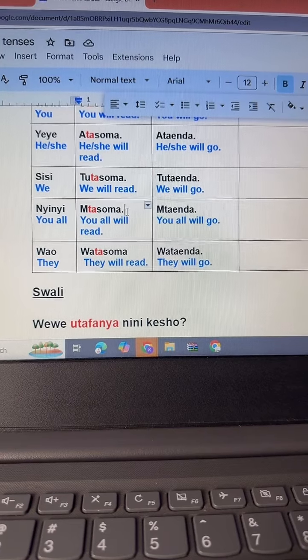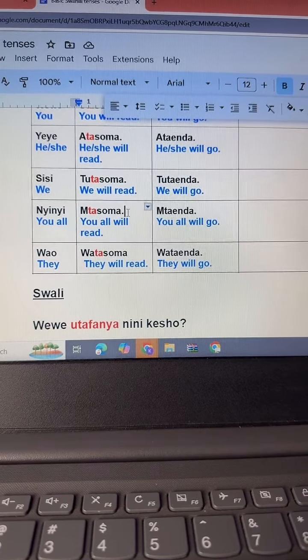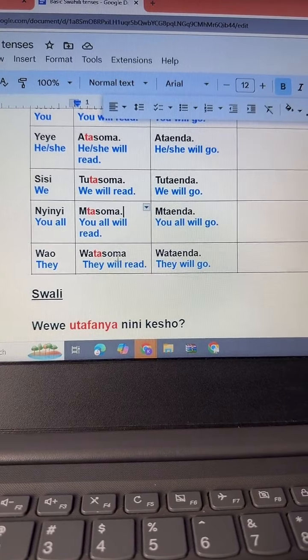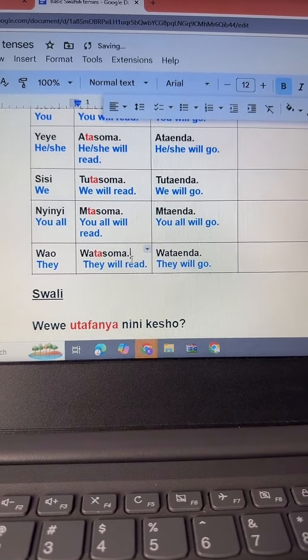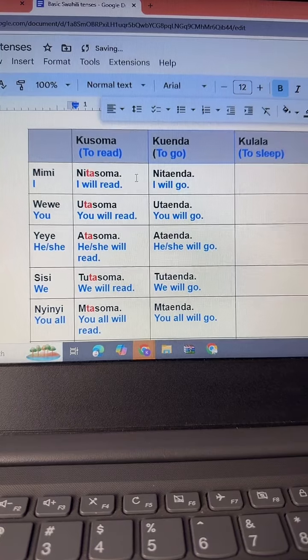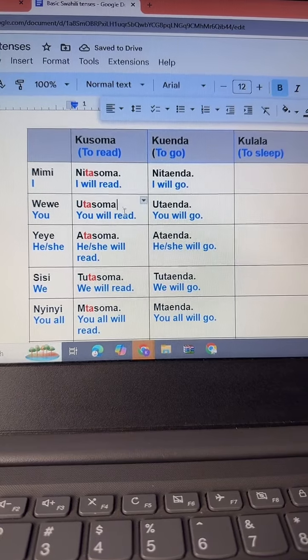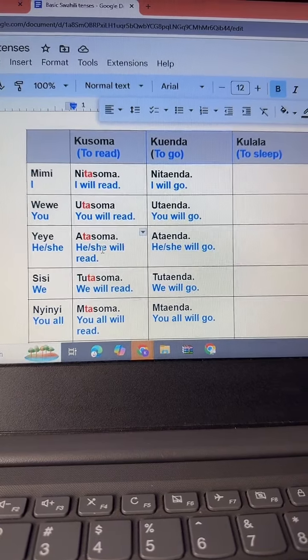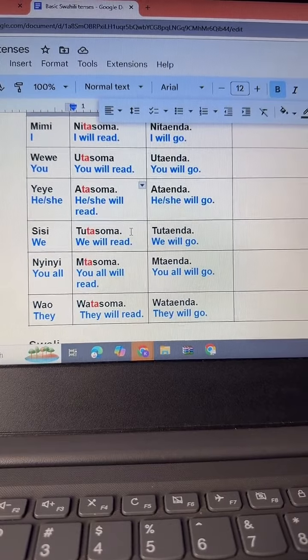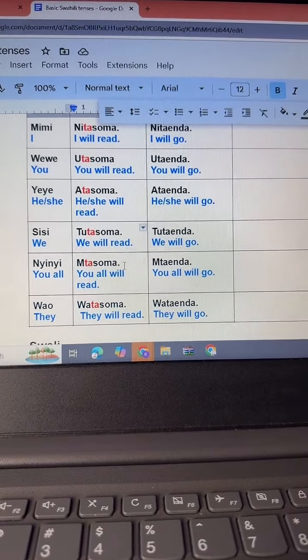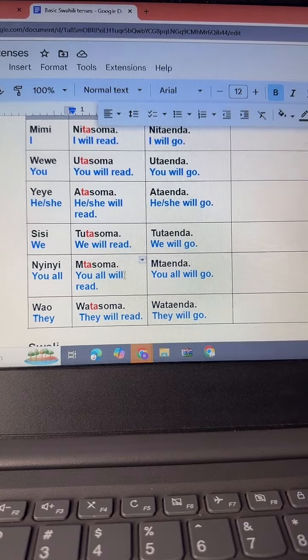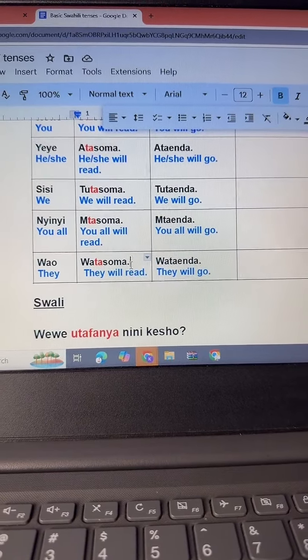Nyinyi mtasoma. Wao watasoma. What do these sentences mean? Nitasoma means I will read. Utasoma, you will read. Atasoma, he or she will read. Tutasoma, we will read. Mtasoma, you all will read. Watasoma, they will read.